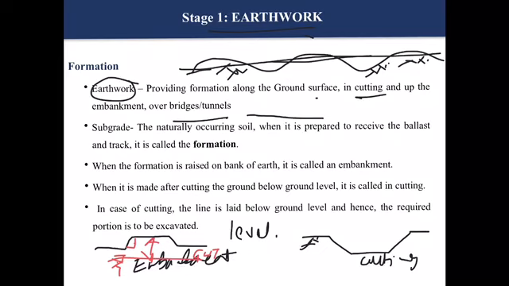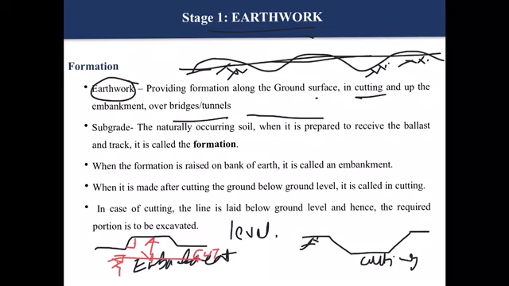If any water enters the formation, it makes the formation weak and entirely disturbs the stability of the railway track. So we have to ensure that proper drainage is provided in the railway track section.